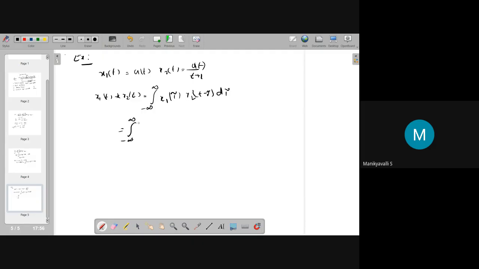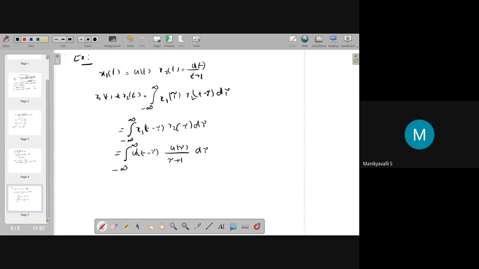Since convolution is commutative, I can even write it as x1 of t minus tau, x2 of tau. So it is equal to the integral from minus infinity to infinity of u of t minus tau, u of tau by tau plus 1 d tau.